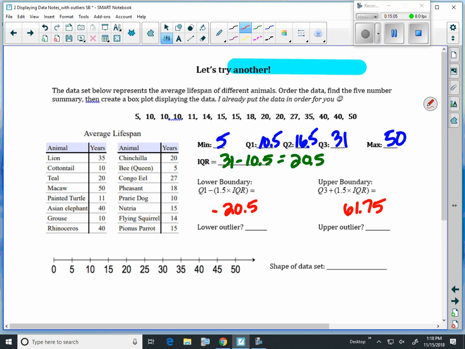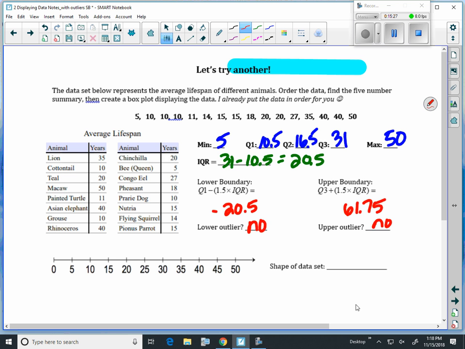You should get negative 20.5 and 61.75. Do we have a number lower than negative 20.5? No, we do not. Do we have a number bigger than 61.75? No. Okay, so no outliers.